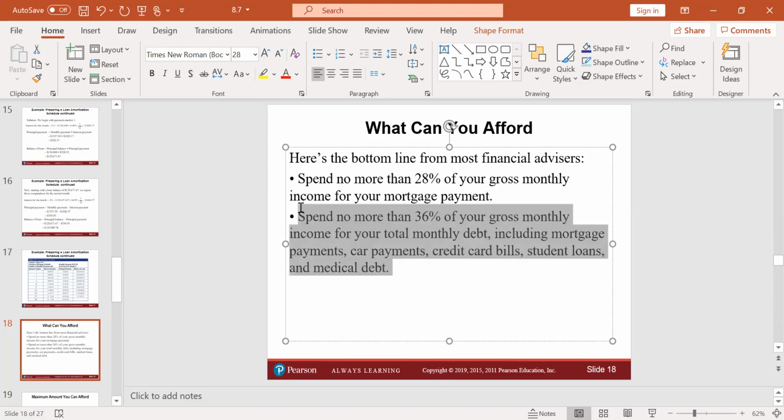Don't spend more than 36% of your monthly income on all your debt payments: monthly mortgage payments, car payments, credit card bills, student loans, and medical debt. That's not always realistic, but yeah, and it's also important to realize that mortgage payment, while that is technically debt, it's not bad debt. A bad debt is frankly a credit card payment because that's expensive.